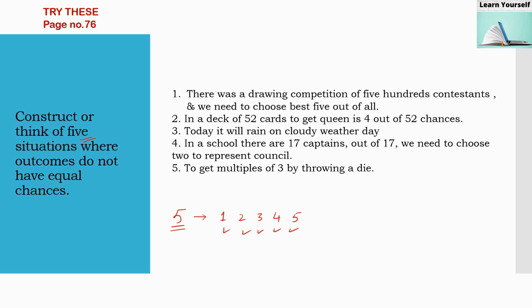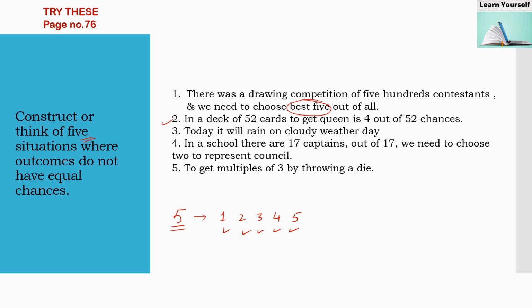First, there was a drawing competition of 500 contestants and we need to choose the best 5 out of all. Here we are not writing the winner or the first; we need the best 5. So the chances of winning are not equal. Second situation: in a deck of 52 cards, the chance to get a queen is 4 out of 52, because out of 52 cards there are 4 queens.